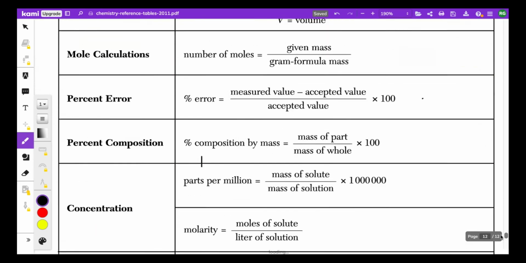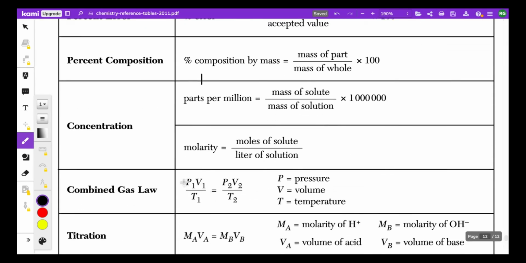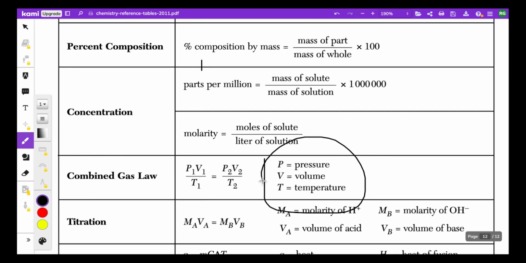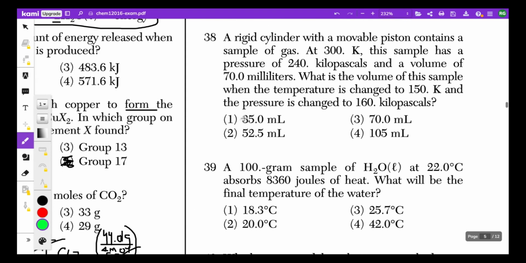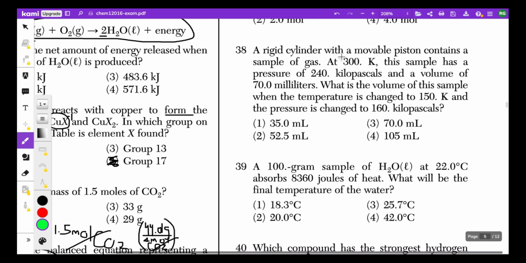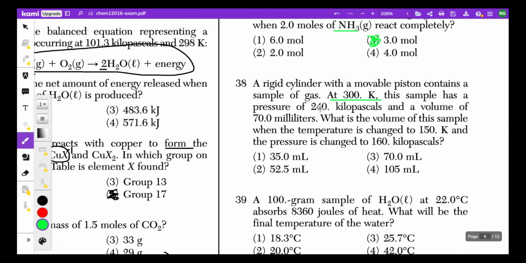It's gonna be here, combined gas law. All right, and these are all your units, and you can pause the video there, by the way, if you don't know. All right, so you have your temperature, 300 degrees Kelvin. You have your pressure, you have your volume.